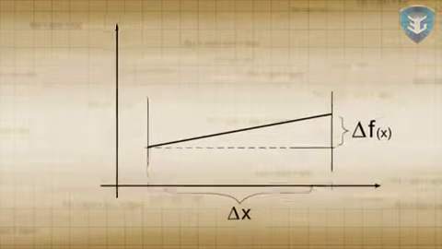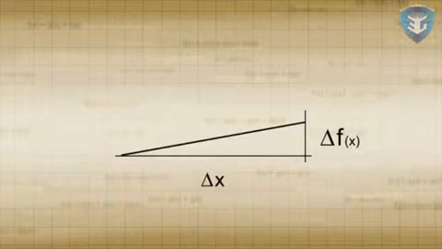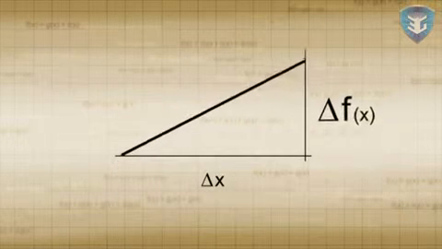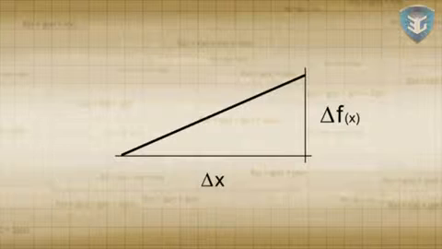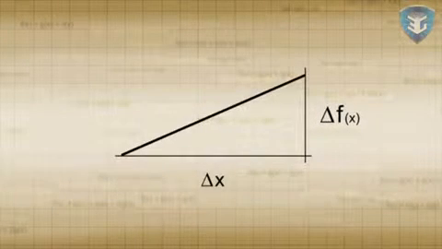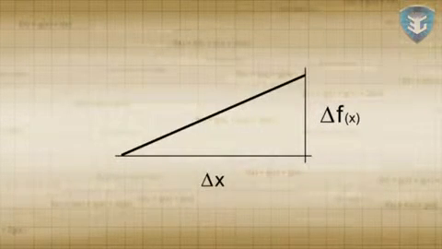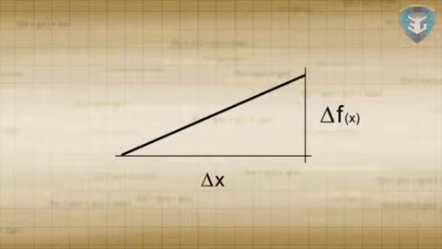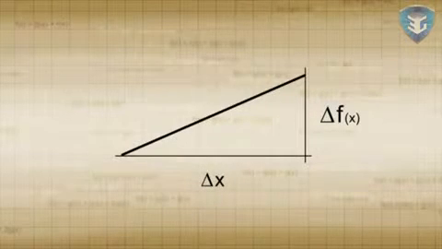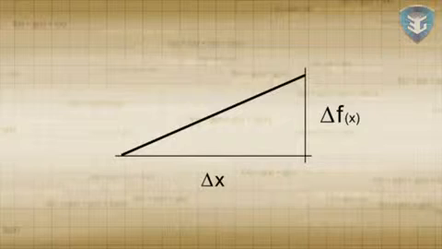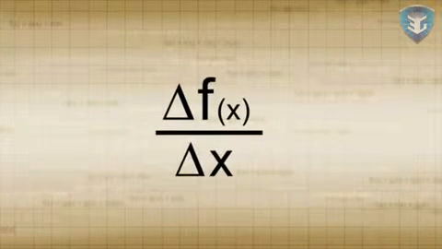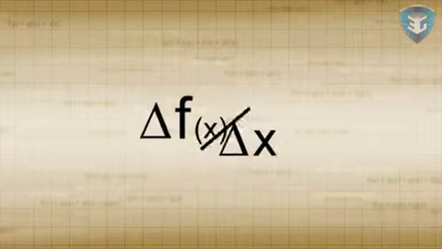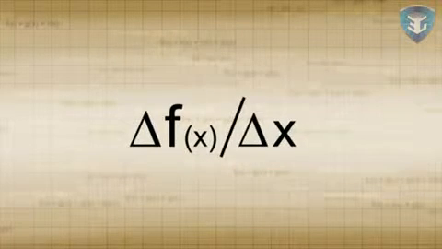For this reason, we can't simply talk about the size of delta f of x, but we must consider the proportion of the size of delta f of x to the size of delta x. This is another way of saying that we are interested in the ratio delta f of x over delta x, which is also called the rate of change.